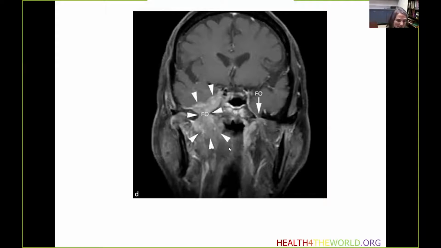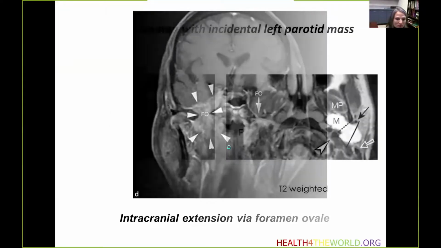However, direct extension is also considered. On the left side, you can see a normal, non-widened foramen ovale. So this is an example of intracranial extension via the foramen ovale.